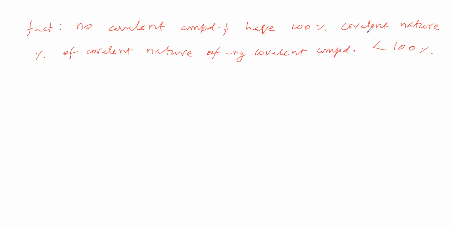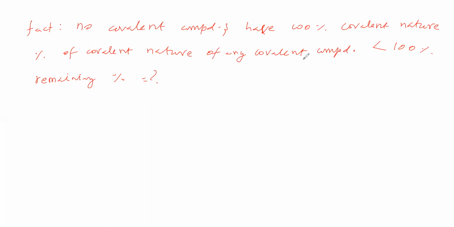Whatever covalent compound you take, hydrogen molecule or HF molecule or methane molecule, the percentage of covalent nature is less than 100%. It is the experimental fact. Therefore, what is the remaining percentage? What is the nature of the remaining percentage in covalent compounds? This is the question.